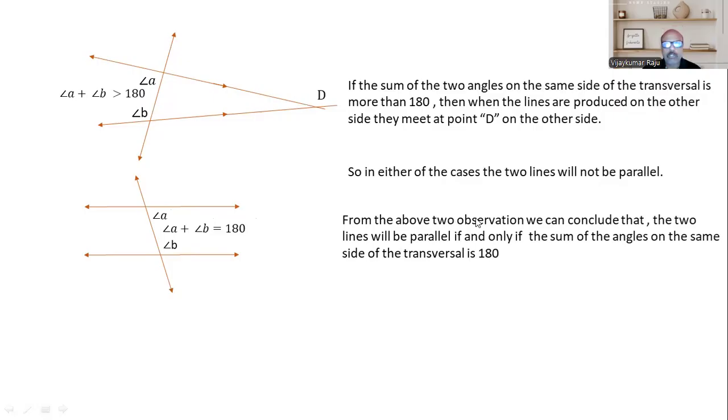So from the above two observations, we can conclude that the two lines will be parallel if and only if the sum of the angles on the same side of the transversal is 180 degrees. That means the total of these two angles is 180 degrees. Hope this is clear.